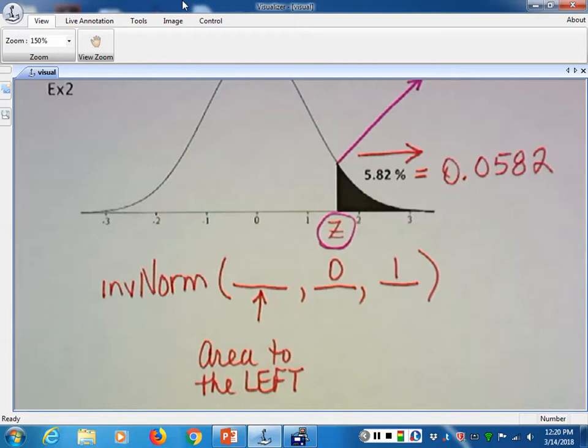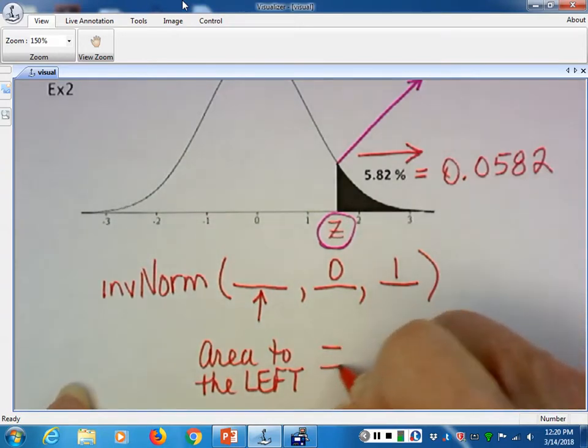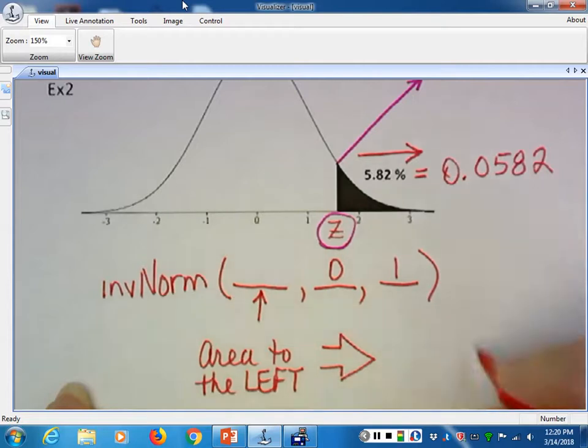Now you can actually do this 2 different ways. You can first subtract it from 1 using your calculator.